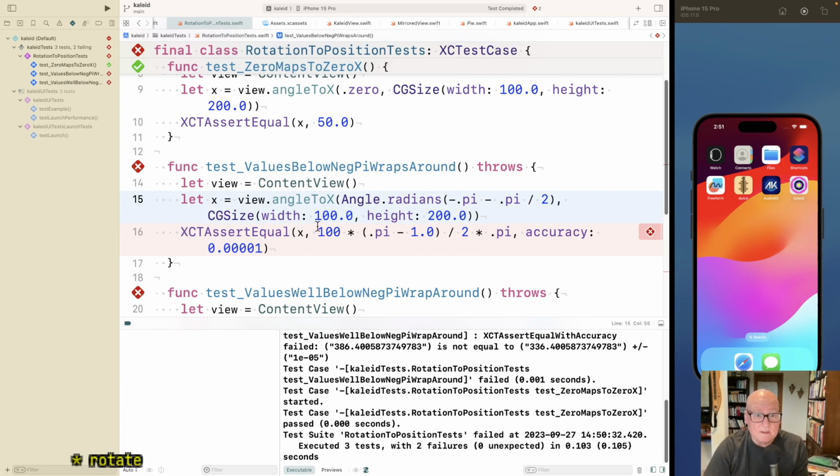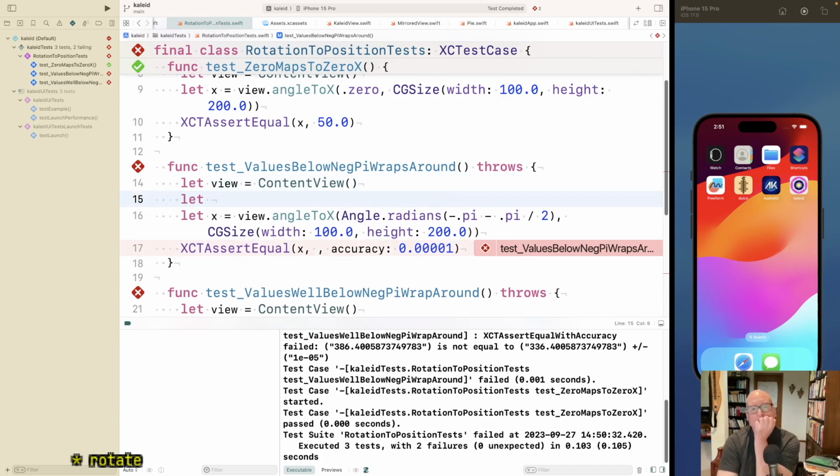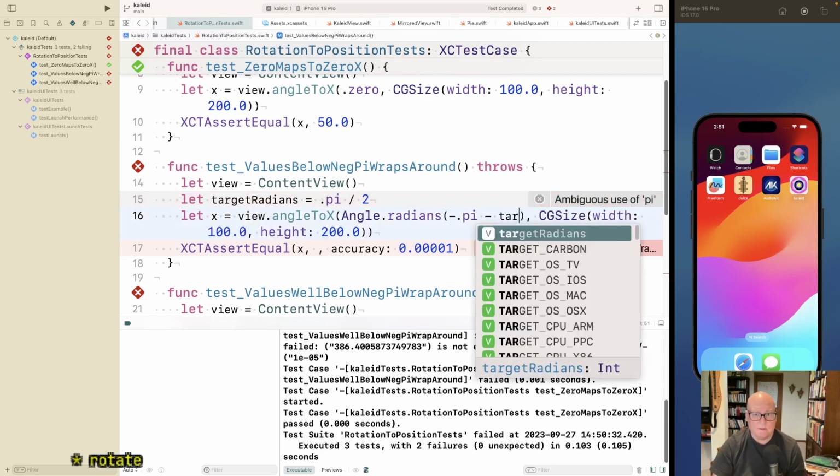So I want this to be equal to, and this is almost better, let's let target radians equal pi over 2. Okay, and let's use that in here. Target radians.